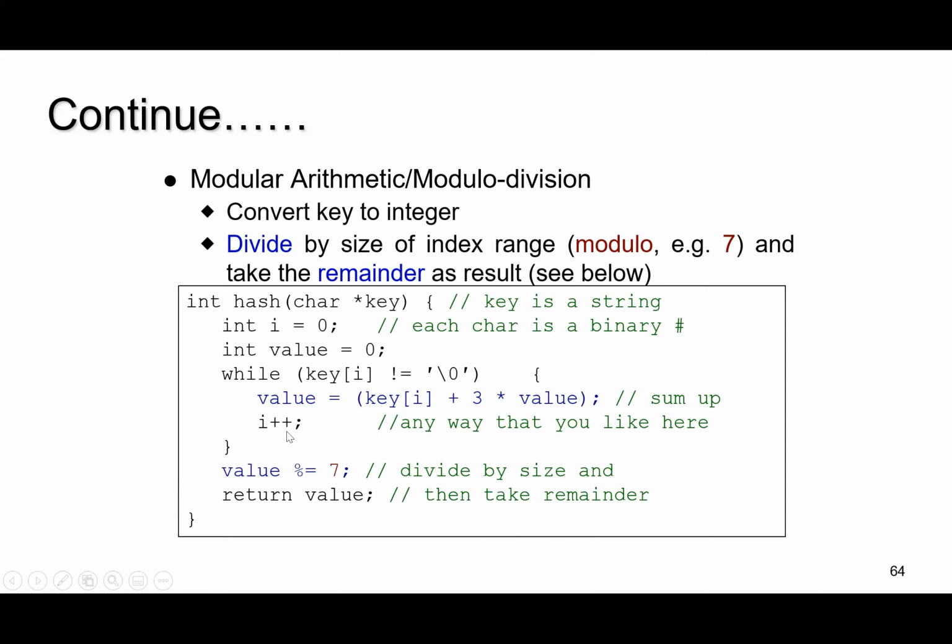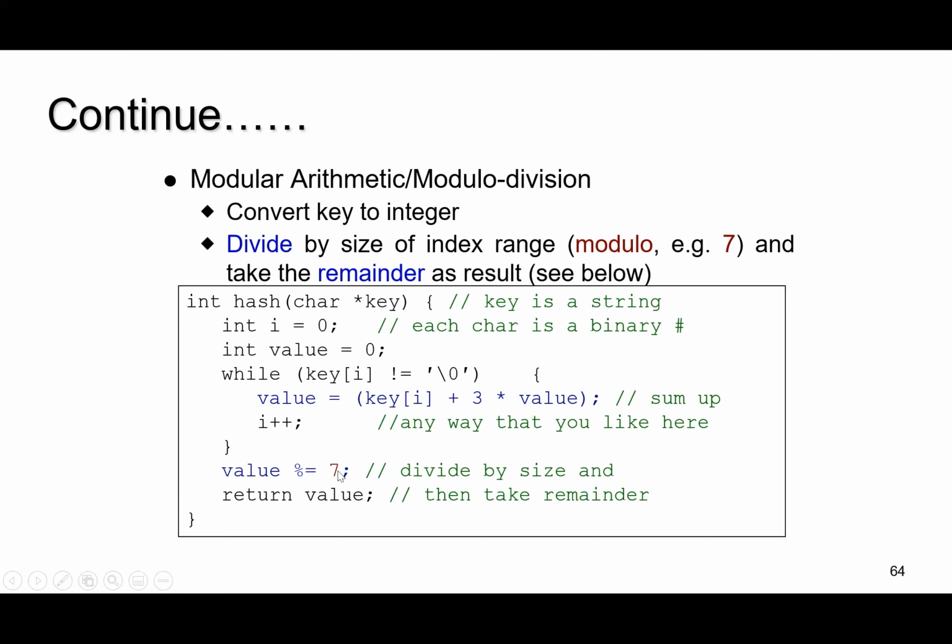So you see, after this while loop is where I take each character in my key to generate the value. This value that I get at the end, I will modulus it with the size of my hash table. For example, let's say my hash table here just has size 7.